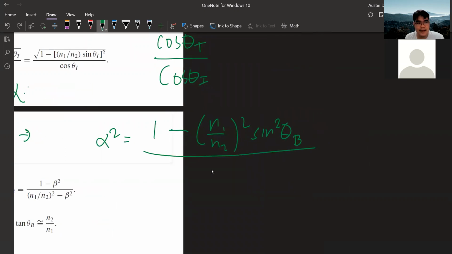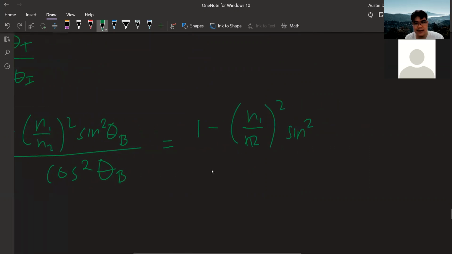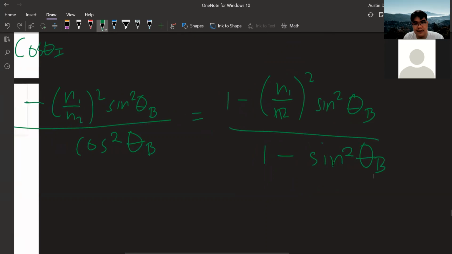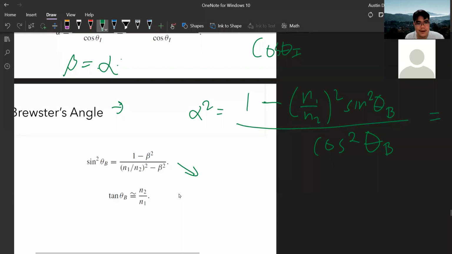Theta B. And then, mas squared din yung baba, cosine squared theta B. Cosine squared can then be written as simply n2 squared sine squared theta B. And then, this is simply 1 minus sine squared. Di ba? Theta B. Then, you can factor, try to get sine squared onto the left-hand side. Then, you can actually arrive with this equation.